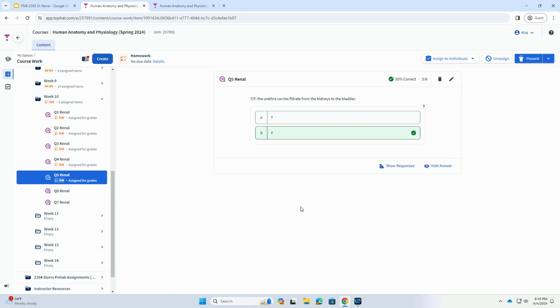This one's actually false. I'm just reminding you to be careful, even with the macroanatomy, because you can get really caught up in the small things. It goes kidneys, ureter, bladder, urethra, because ureter and urethra sound really similar.